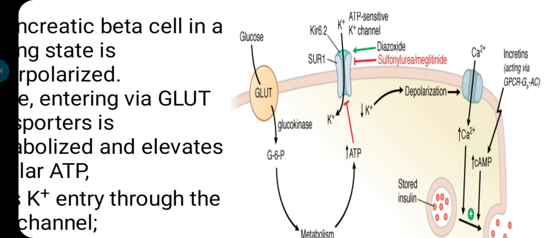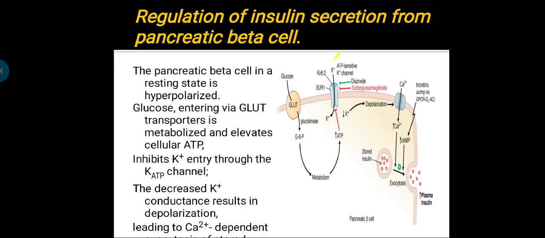Sulfonylurea also helps in insulin release, but sulfonylurea acts by a different receptor, SUR1, whose ligand is absent normally in our body, but we give it externally so that the drug binds to the SUR1 receptor, inhibits the potassium channel, and that causes increased calcium influx and exocytosis of insulin. Okay, so this is how glucose helps in insulin release.